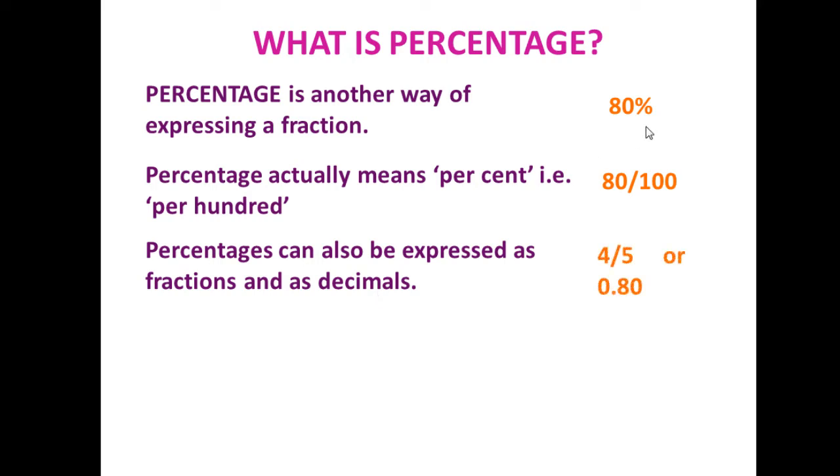If we divide 80 over 100, 80 over 100 is 0.8, or if you cancel it out, write it into simplified form, divide by 10, you get 8 over 10, then divide by 2, you get 4 over 5. So it can be written as a fraction like 4 over 5, the simplified form, or in decimal, that is 0.80.